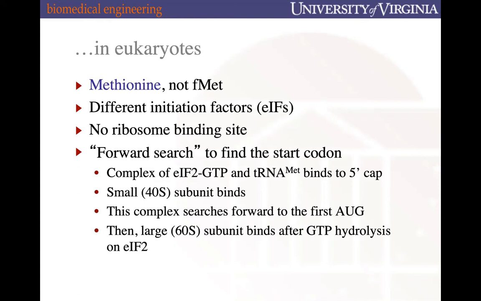For eukaryotes, our eIFs, eukaryotic initiation factors, have some that bind to the transfer RNA, and some that bind to the small subunit to help mediate the forward search for the start codon. Once that happens, the recognition of the transfer RNA from methionine with the appropriate codon will initiate a conformational change that will help with the GTP hydrolysis and recruitment of the large subunit.